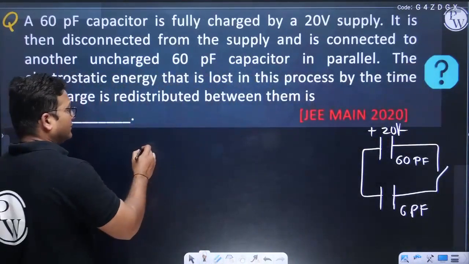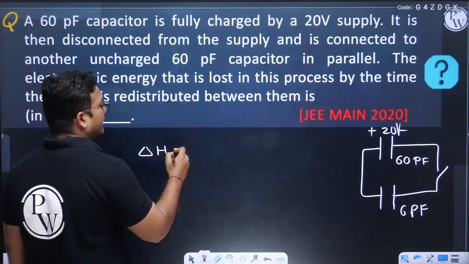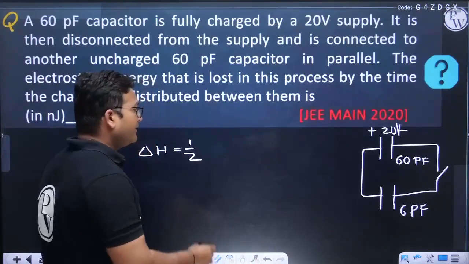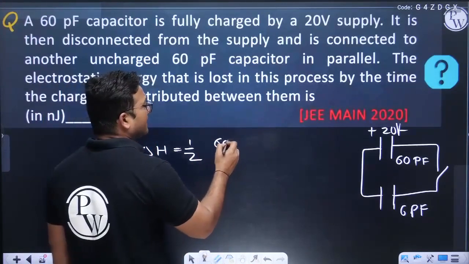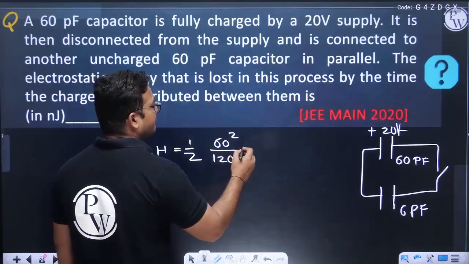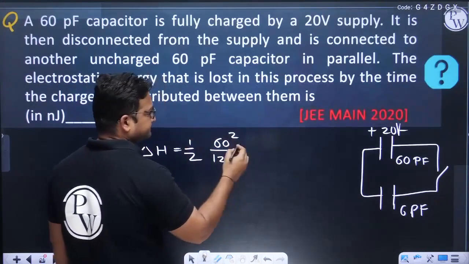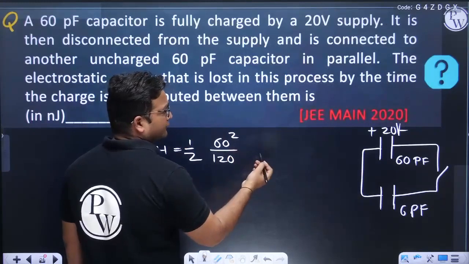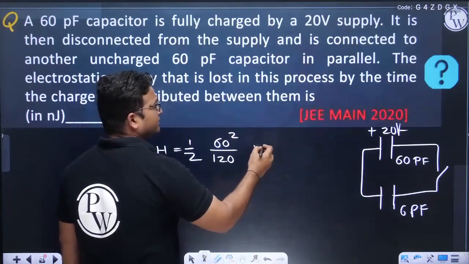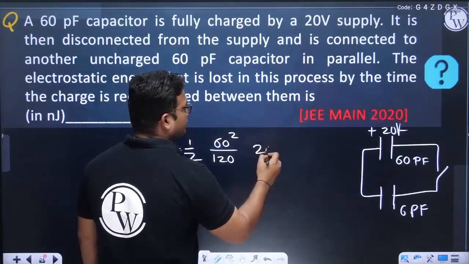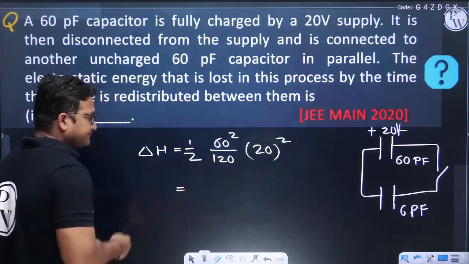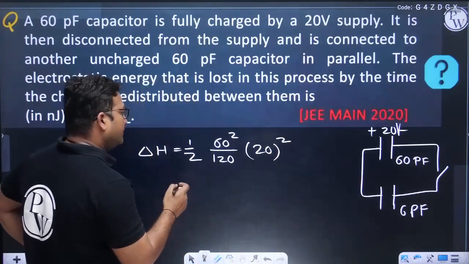So let us write loss, delta H equals half C1 C2 upon C1 plus C2, which will give you 60 times 60, that is 60 square, upon 60 plus 60, that is 120, times relative potential difference. One has potential 20, one has 0. So relative potential is 20, 20 square. Let us see what we have as an answer.